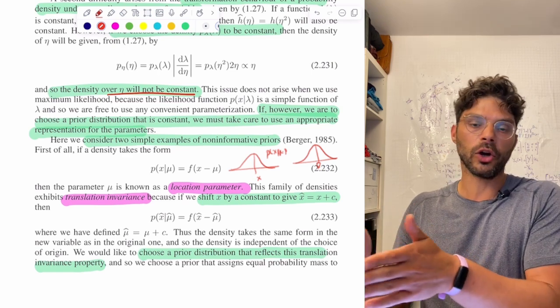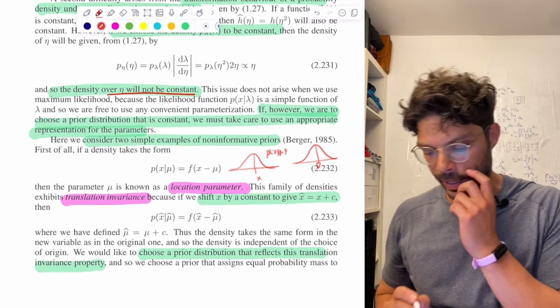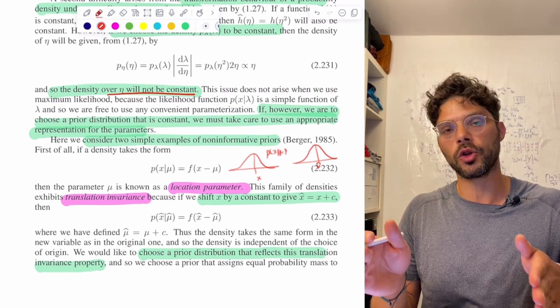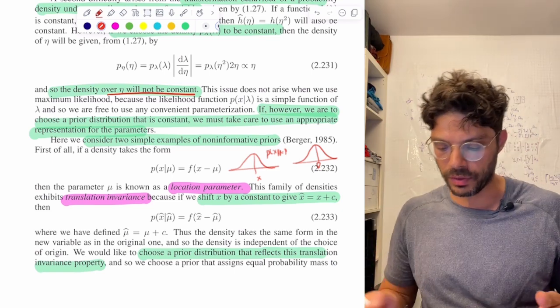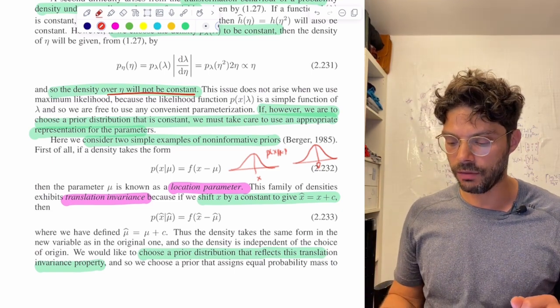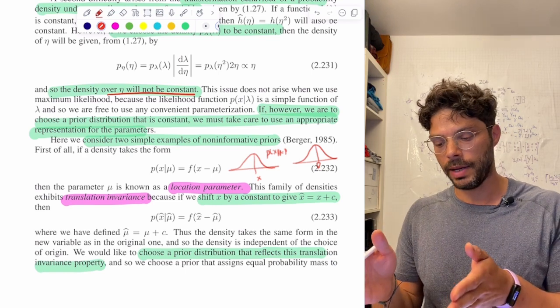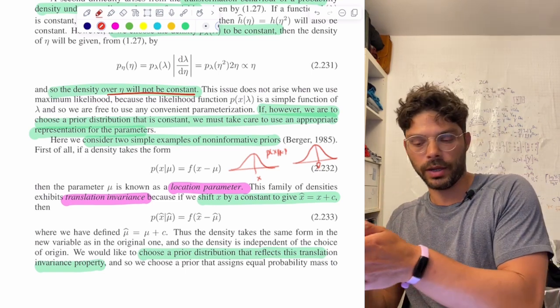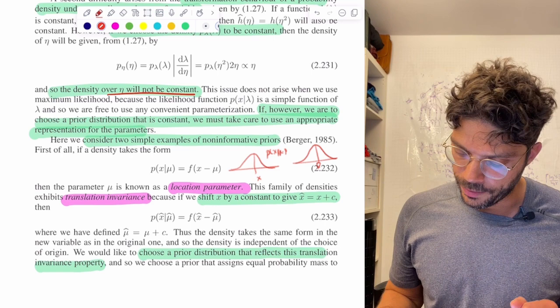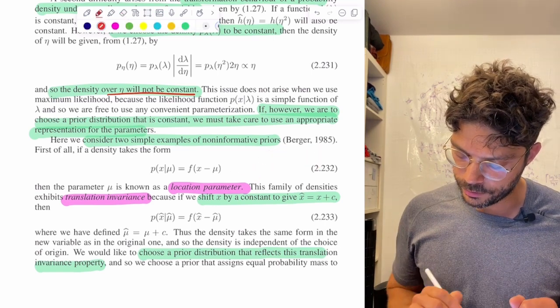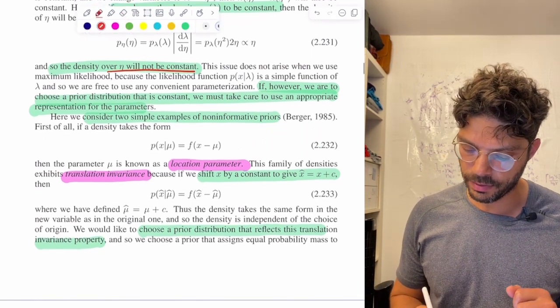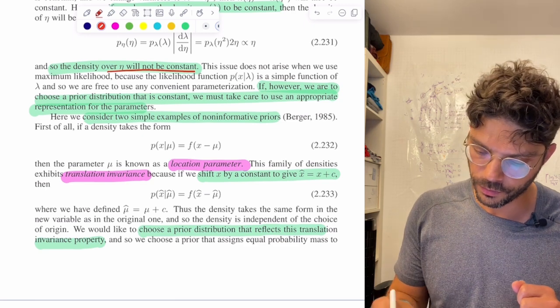Well, that whole curve would just shift over. The shape wouldn't change, it would just shift over. So this is, I think, what he means by translation invariance. If you translate the data by some amount, then the likelihood just shifts with it. Okay, so this family of densities exhibits translation invariance.